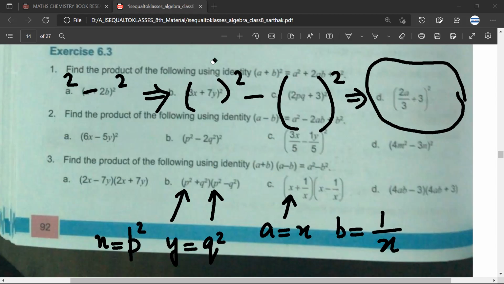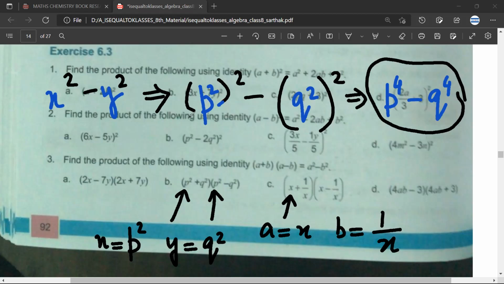I am writing the identity in terms of x and y. So I want the value of x square minus y square. My x is p square, and my y is q square. So p square whole square would be p4, minus q square whole square would be equal to q4. Sarthak, any doubt? No, sir.